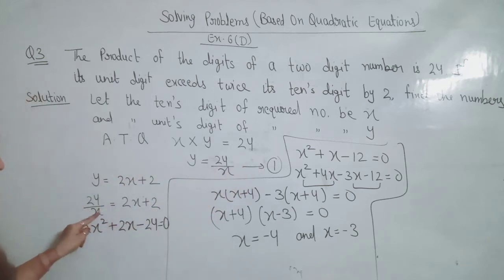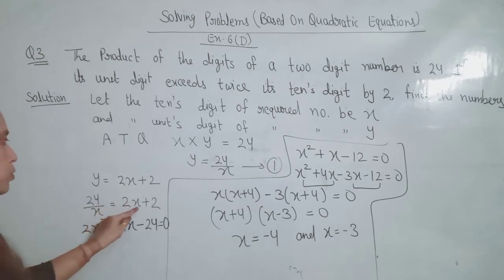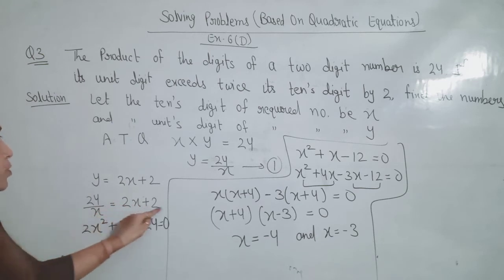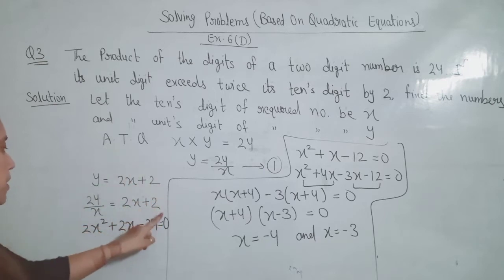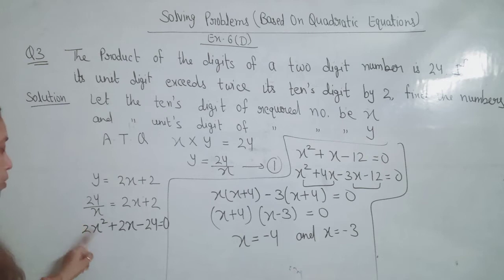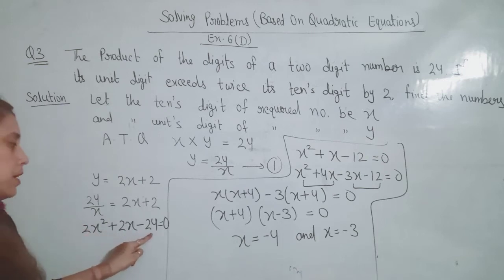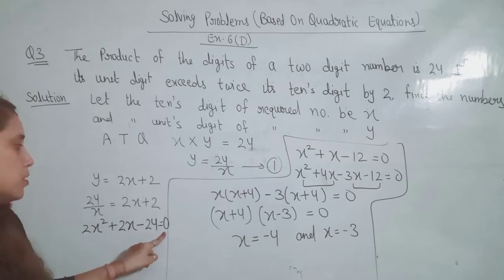When we do the cross multiplication, it will be 2x square plus 2x, and sending minus 4 also to the right hand side, the final quadratic equation will be 2x square plus 2x minus 24 is equal to 0.